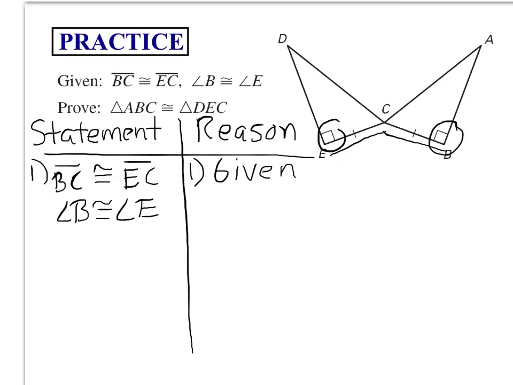So we have an angle, a side, and we need to find either another angle that's included or another angle that's not included. But as you started to see, if we ever see something like this, we know that these two angles are congruent because they're vertical angles. I need to be specific here, because just saying angle C isn't enough, since angle C could apply to this one or this one.